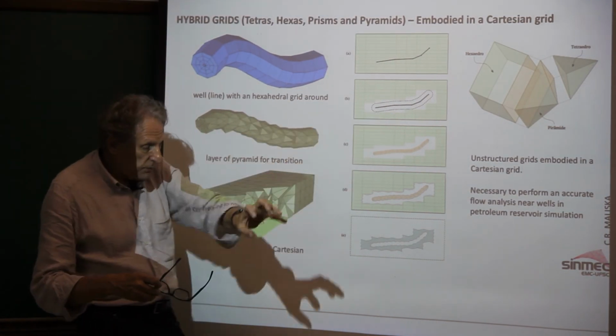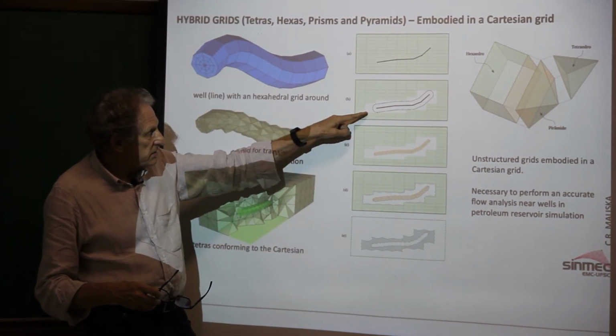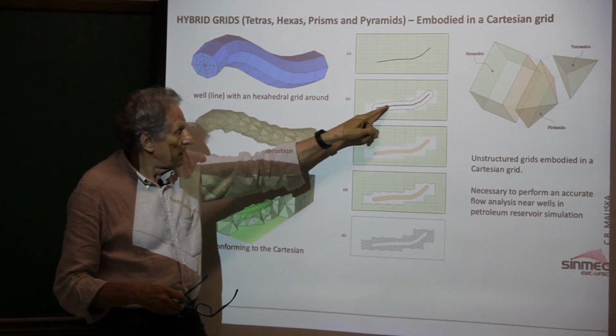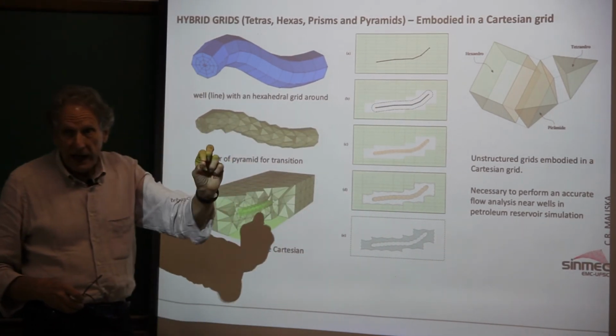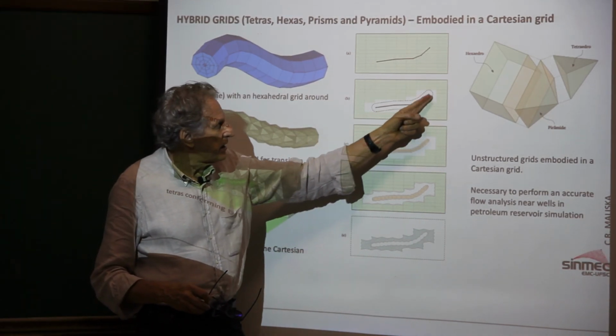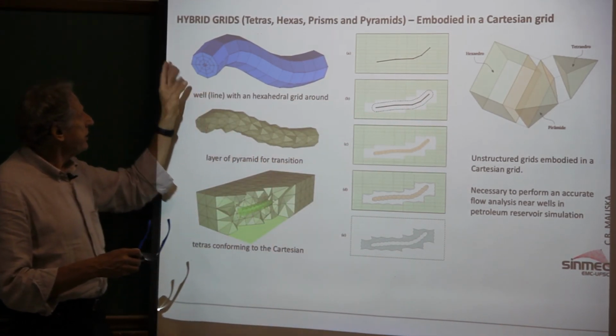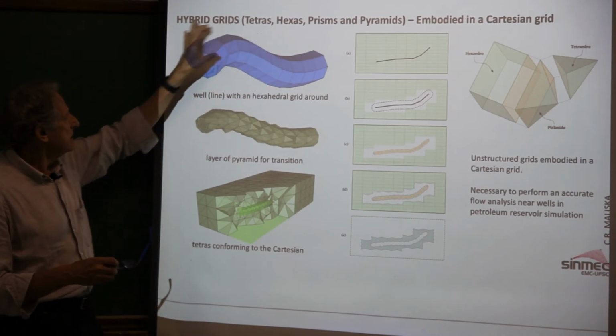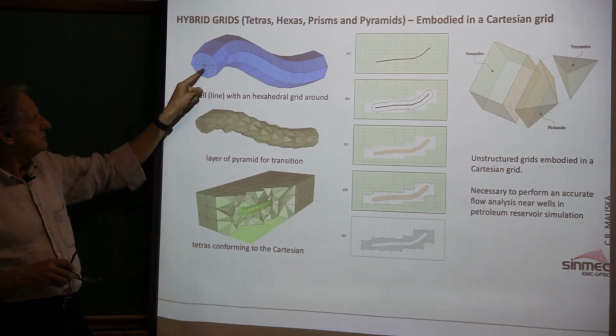The white part will be the extracted Cartesian grids. The yellow line is the well. And this dotted line here, you are going to create this grid around the well.